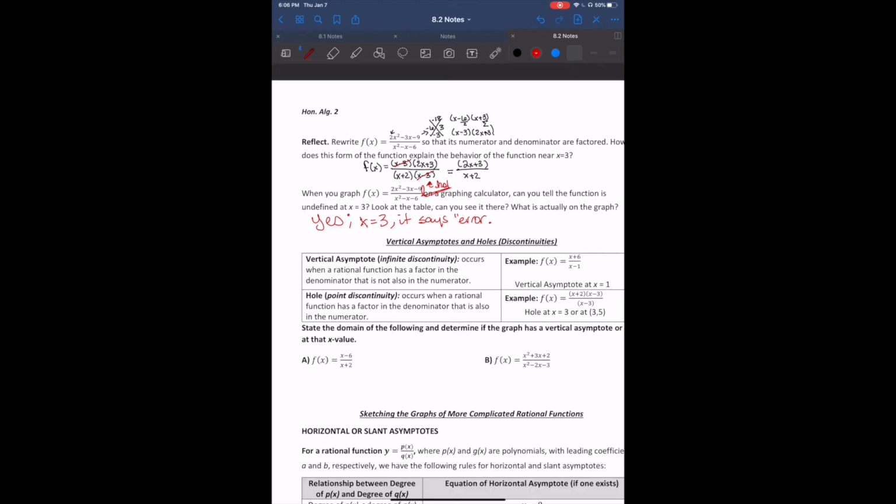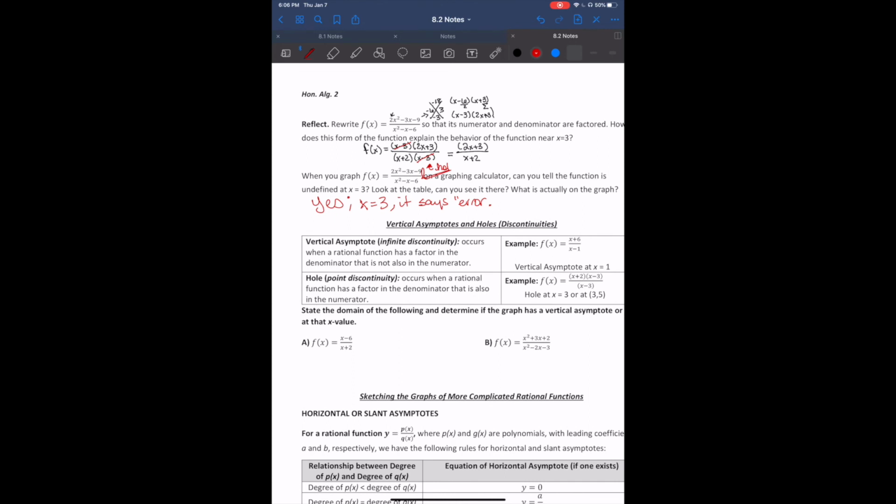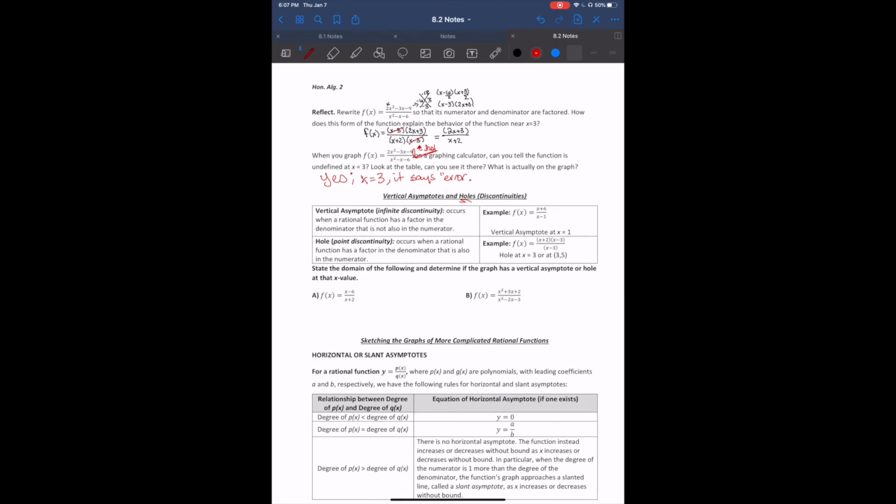Okay. Let's talk a little bit more about the different asymptotes or discontinuities for holes. A vertical asymptote occurs when a rational function has a factor in the denominator that is not also in the numerator.